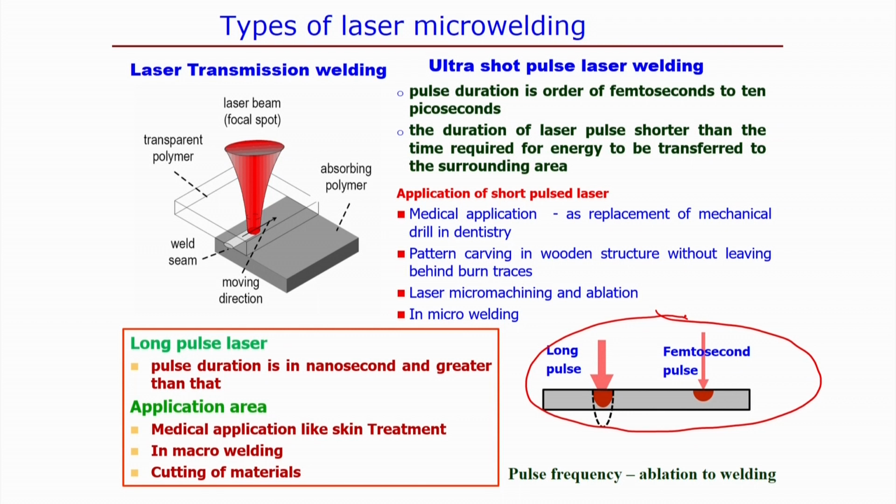We will try to review, in the ultrashort pulse laser domain, what types of materials we can use for welding, and what type of laser we generally use for welding metals, non-metals, or dissimilar combinations of materials. So there is significant development happening in welding processes using the ultrashort pulse laser.